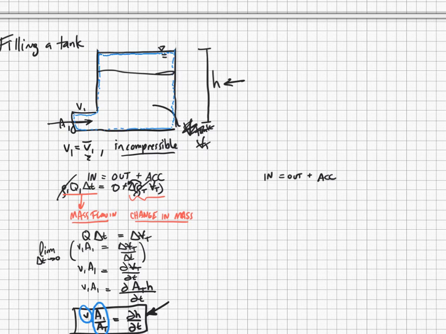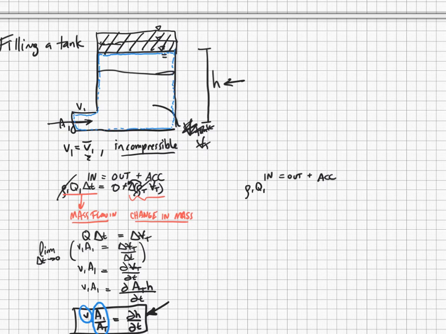Now at a later time, the water has moved from this point to here, and at a time after that, the water is up here. So what's the difference? Now I have water leaving the control volume. This water is no longer in the control volume. It has left. So in is rho 1, Q1.